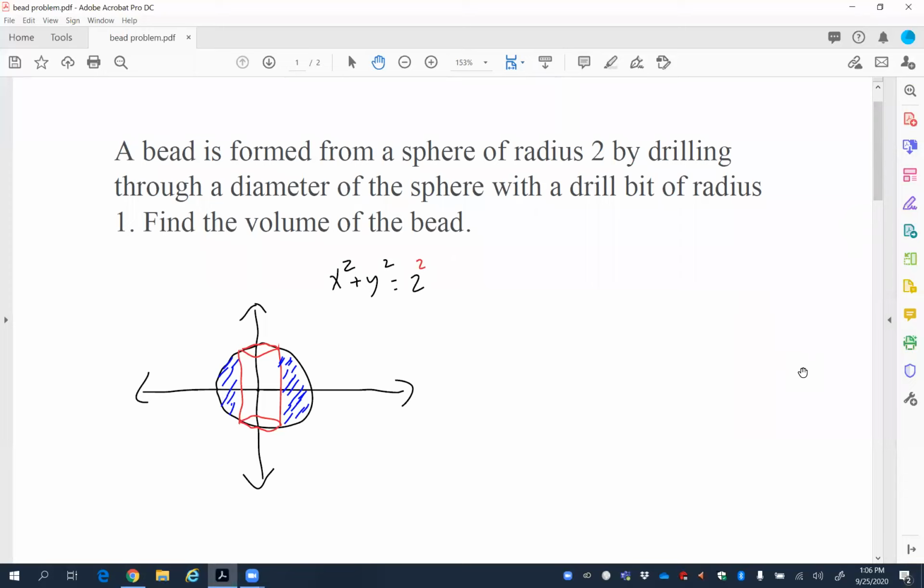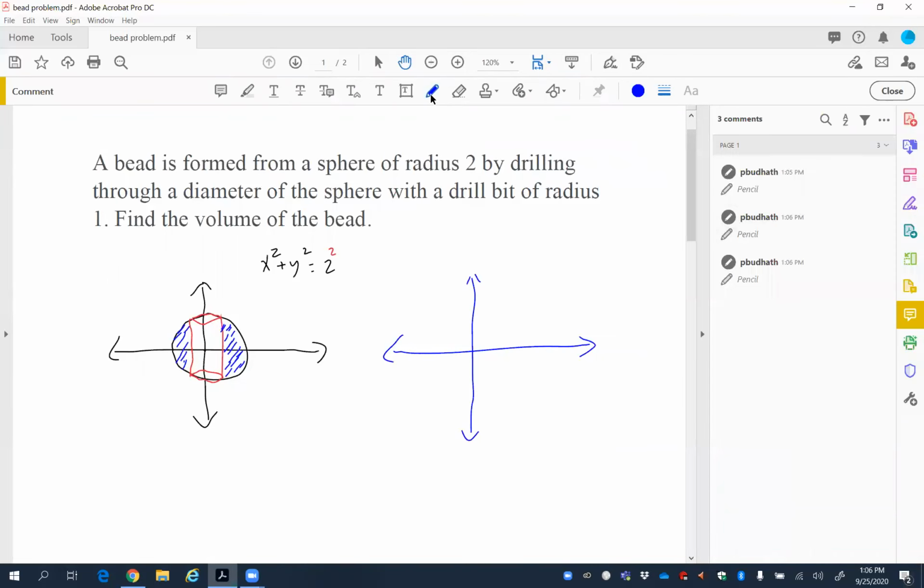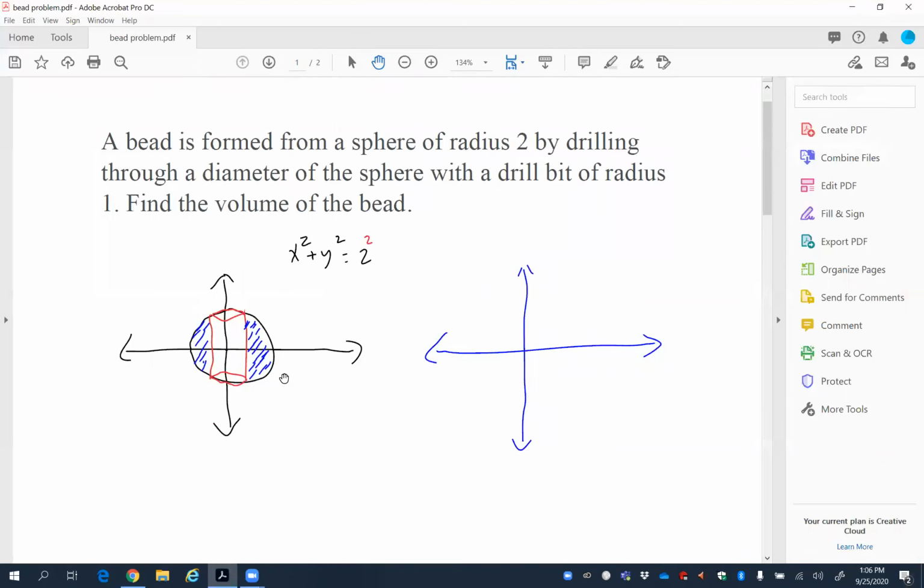So if I try to use one of the methods we have learned to find the volume of this kind of a structure, then I just need one part of this portion here. So I just need this part.